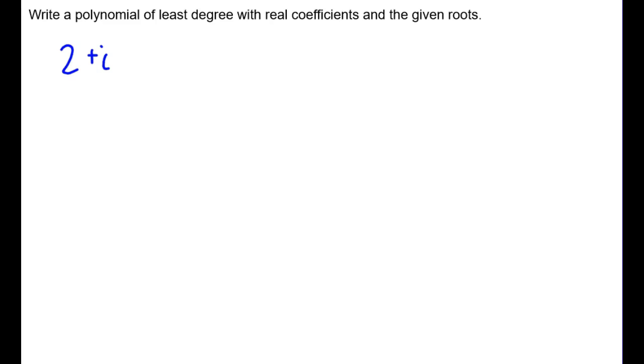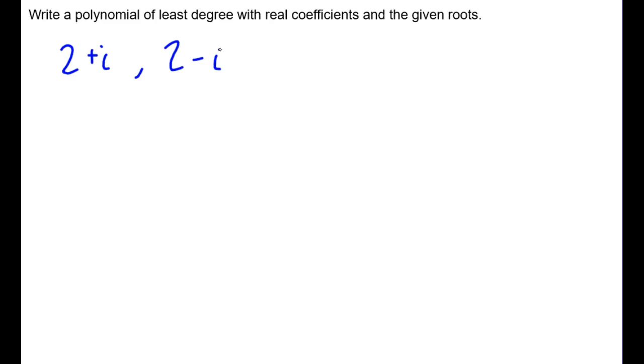We're told that 2 plus i is one root of the polynomial, which implies that there must be a complex conjugate that is also a solution. The complex conjugate would be 2 minus i. So now we want to write the polynomial.